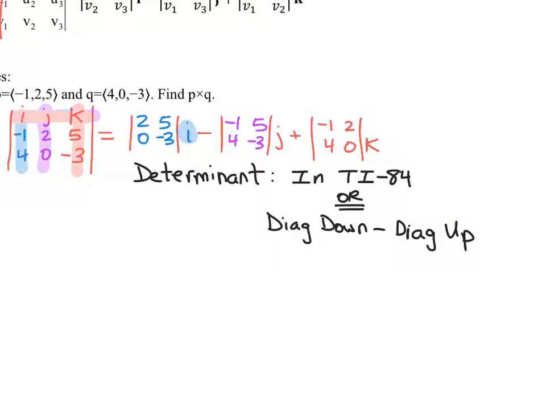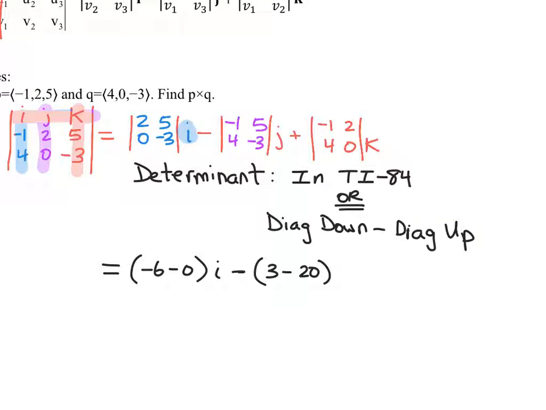The problem is you're putting in 3 separate matrices in order to find the determinant, and that's kind of annoying. Doing it once or twice is okay, but once you hit the 3rd time, especially if you have a bunch of problems to do related to it, it could be kind of nightmarish. So the diagonal down values, -6 minus 0, those are going to be the coefficients of I, minus 3 minus 20.